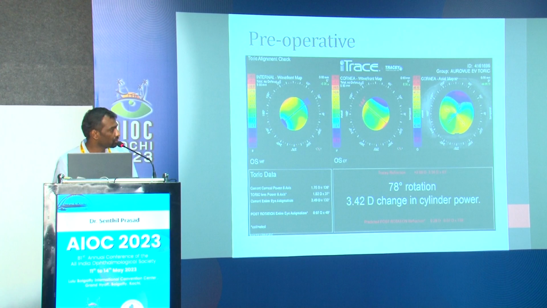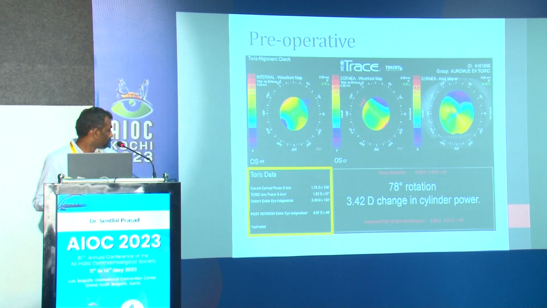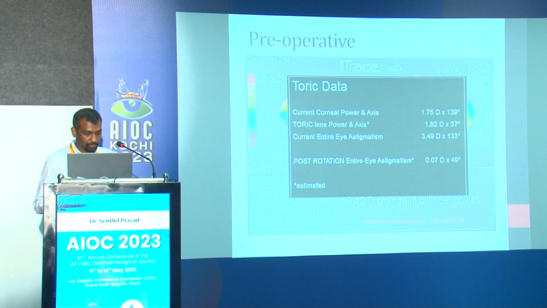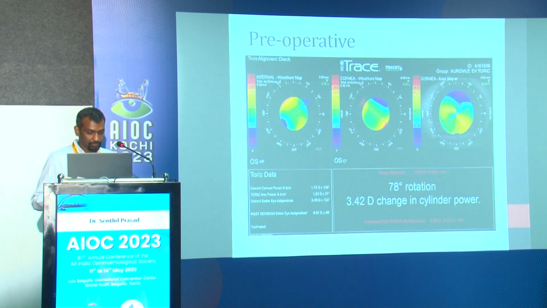So this is the screenshot of the Wavefront aberrometer's interface using the toric check display. The parameters are given at the left bottom. So we'll just magnify it. It gives the corneal astigmatism, the implanted toric IOL's power at the corneal plane, the position of toric IOL, and the current astigmatism of the eye, and then it predicts an estimated residual astigmatism post realignment of the misaligned toric IOL.